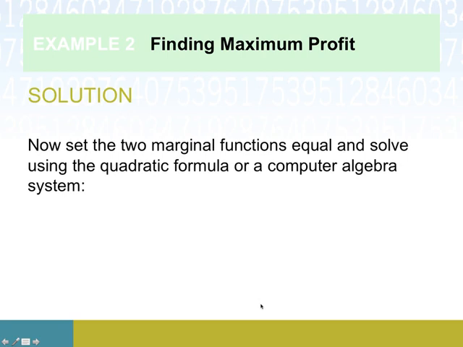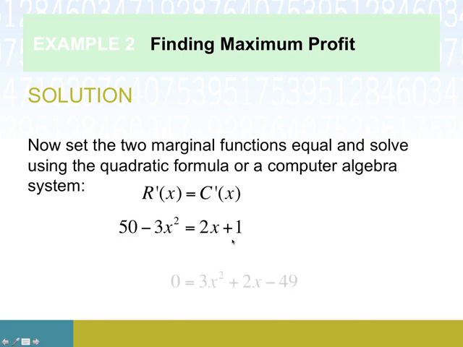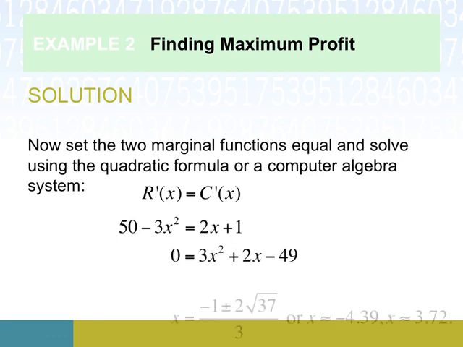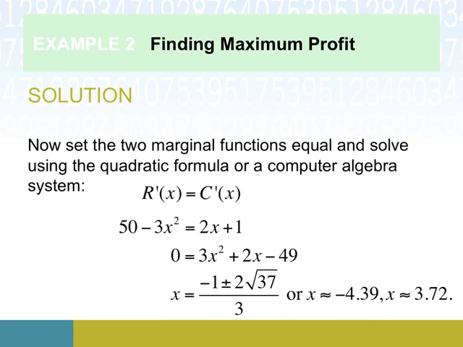So then the goal would be to set these marginal functions equal to one another. So R prime equals C prime, here's our marginal revenue on the left, here's our marginal cost on the right. And if we group everybody together, probably the quadratic formula is a valid strategy. And then we get a couple of points. Mathematically, negative 4.39-ish and 3.72-ish.